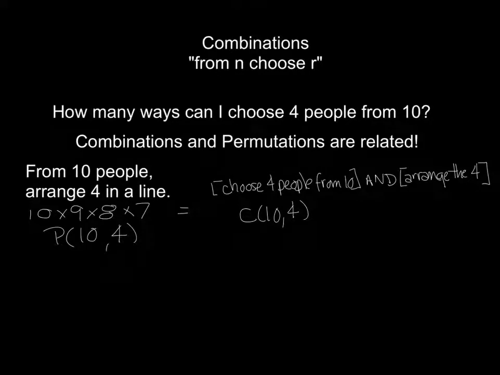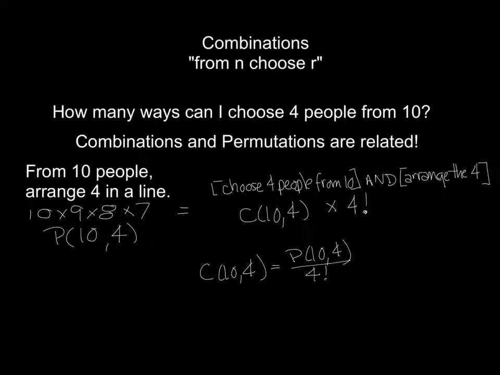That's my choosing problem. I have the "and", so I'm going to multiply, and the number of ways to arrange 4 people is 4 factorial. Equating these 2 sides of the equation, I get C of 10, 4, the number of ways of choosing 4 people from 10, is equal to P of 10, 4, divided by 4 factorial.